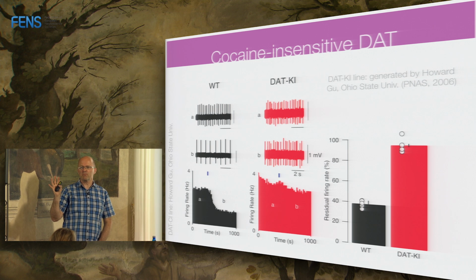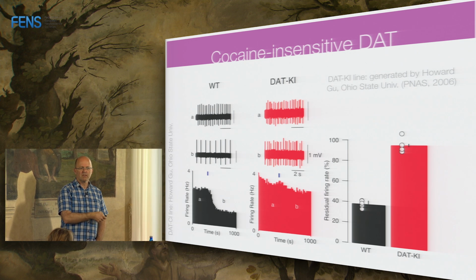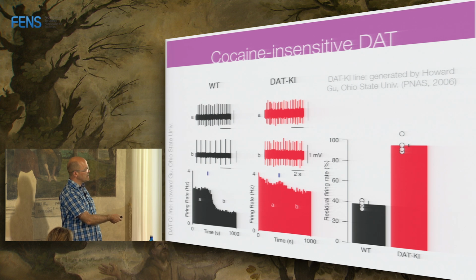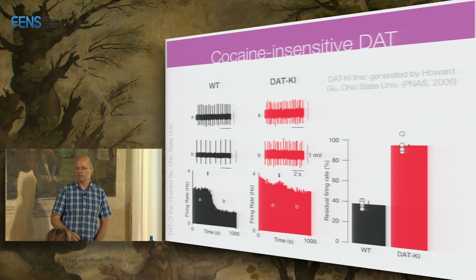I mean, we were not the first to report this, but this seems to be the effect of cocaine on the firing frequency in the in vivo situation. How is that possible? Because we argued that drugs increase the firing frequency of dopamine neurons, and here we clearly see that there is a decrease at the moment we inject the cocaine.